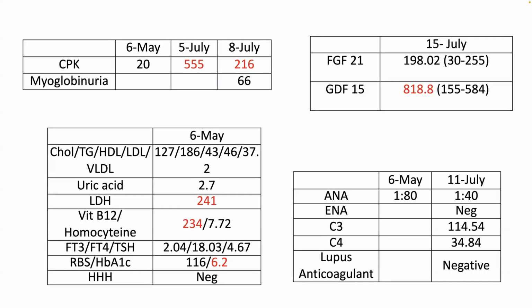She had high CPK in between because of the dystonic crisis, which has also come down. These are two markers for mitochondrial disorder, FGF21 and GDF15, of which GDF15 is elevated. Her autoimmune inflammatory workup for SLE was also negative, so we ruled that out.